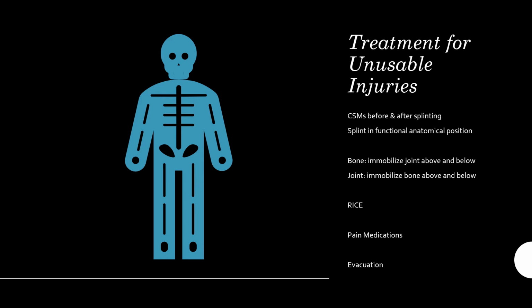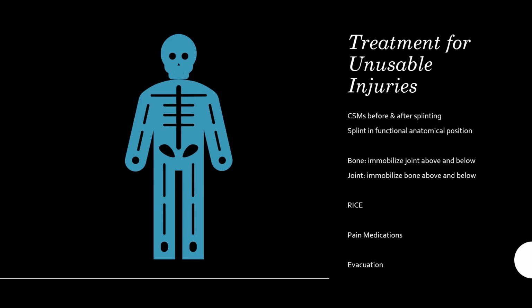This is done right in that treatment monitoring stage. This is not a life-threatening injury, but it is something we can't leave untreated. So before we even touch, splint, or move the leg, I want to make sure that those are going to be the same before and after I have manipulated that leg. I want to make sure that I haven't done anything negative to cause this person more harm.